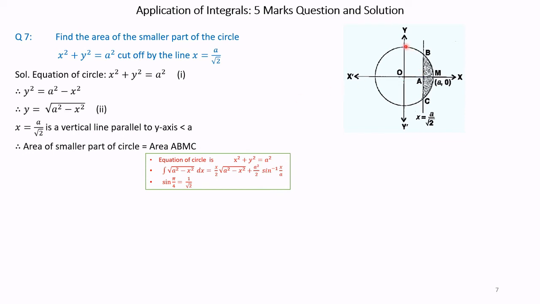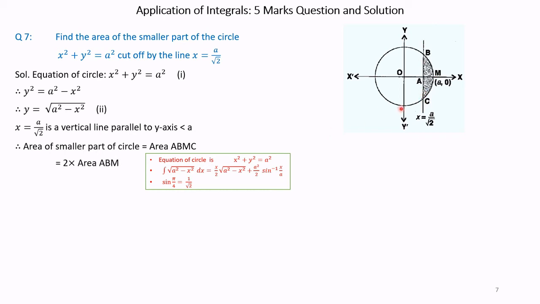Here we have drawn a circle of radius a. You can take any value. And this is the line a by root 2. So on the right hand side, we are required to find the area of A, B, M, C. So this whole area we are required to find.